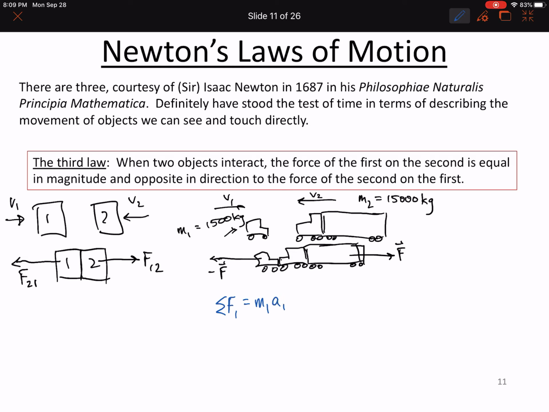And let's say that all the other forces on the Civic in the horizontal direction, friction and drag and things like that, are pretty much dwarfed by this huge force here from the collision. And so we're saying that negative F is equal to M1 A1. Okay. And I should be putting in these subscripts. There we go. Okay.